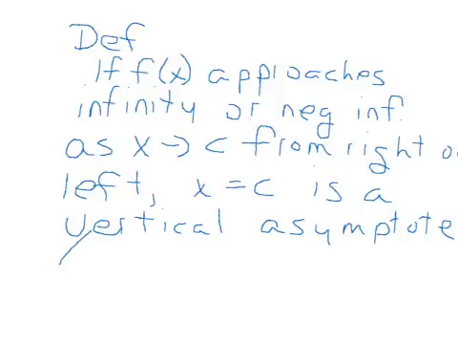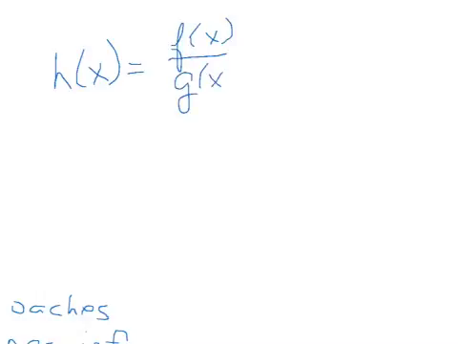I'm trying to figure the best way to do this. Okay, if we have a rational function, let's say f of x over g of x. This is my rational function, f of x over g of x.